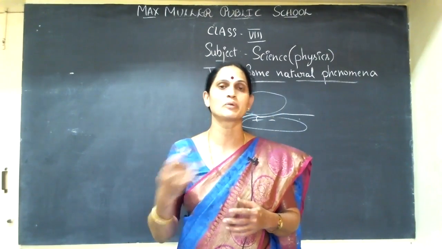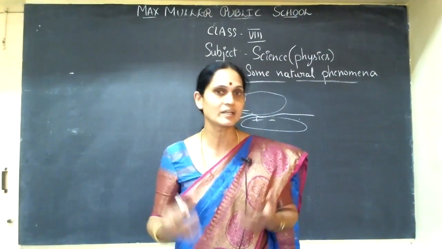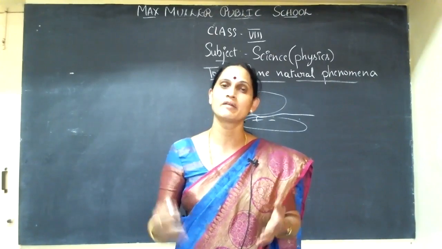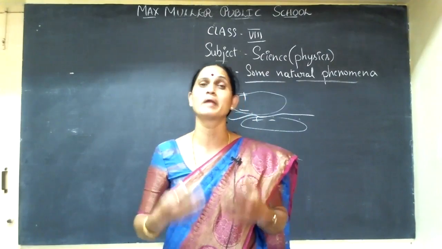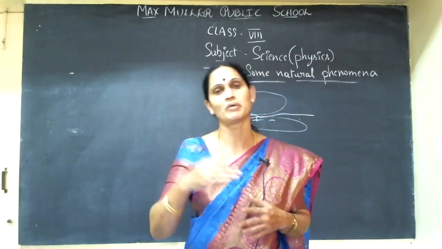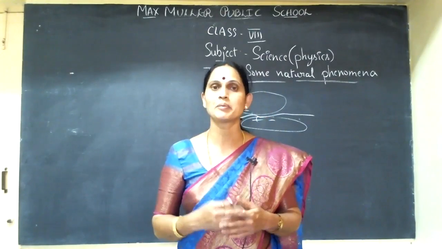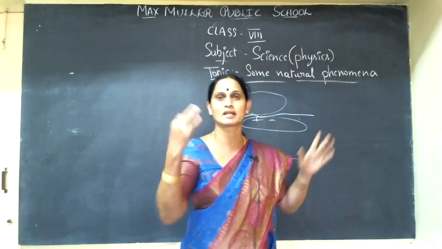We protect ourselves, because if we get drenched in the rain, we definitely get fever and cold. Then we have to go to a doctor and take medicine, and it makes our body weak. So we take these precautions before we leave the house. These are all simple natural phenomena: the rain, the sunlight.